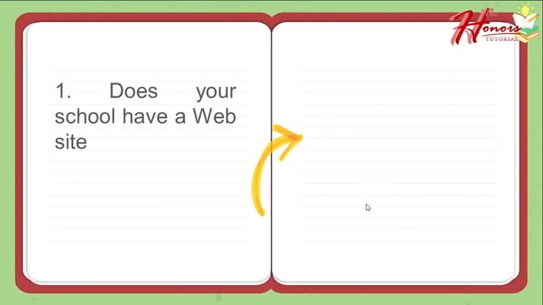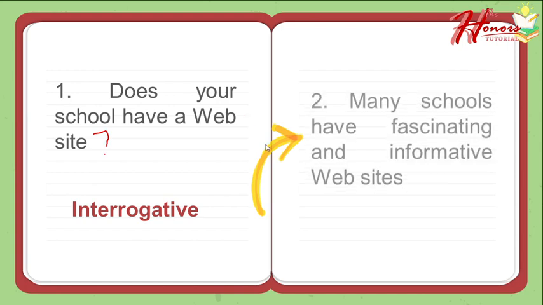Does your school have a website? Okay, what do you think this kind of sentence is? Okay, this is an interrogative sentence because you are asking a question. And since this is an interrogative question, again, what is the punctuation that we need to use? A question mark. Good job. Number 2.